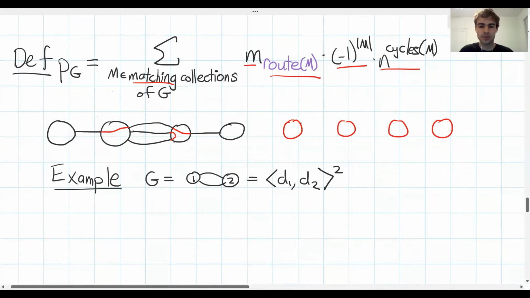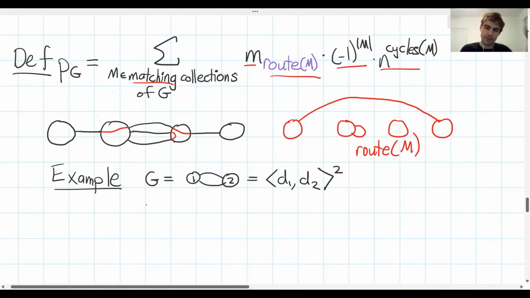So this edge, which previously started at this vertex, if you follow it through the matching collections, it now becomes an edge that goes all the way to that other vertex. And this edge here now becomes a self loop, because that's what happens when you route it using the matching collection M. So this is the routed graph.